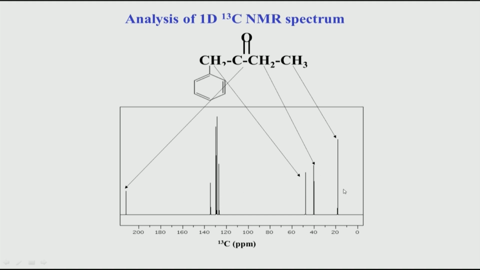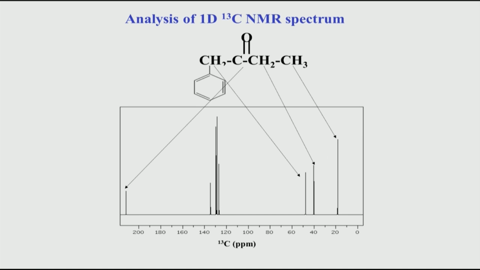For that you have to do a special experiment separately to get that information, and if you do that experiment, then you can further see whether it is a methyl carbon, a methylene carbon or a methine carbon. For example, in aromatics they are all CH. So, that kind of information comes from a separate experiment, not from this 1D, and that is also usually done.